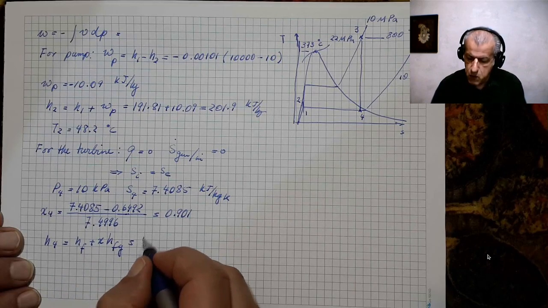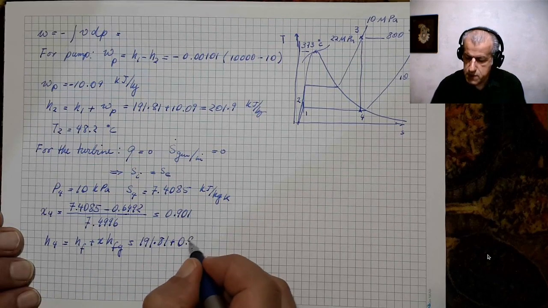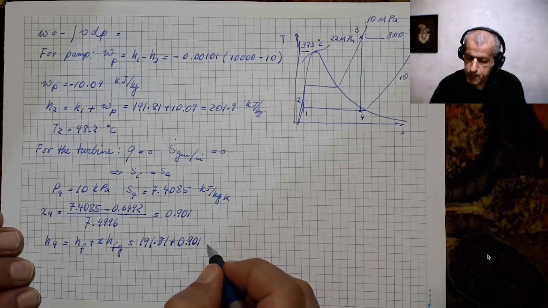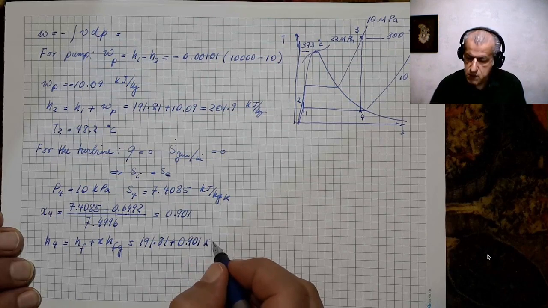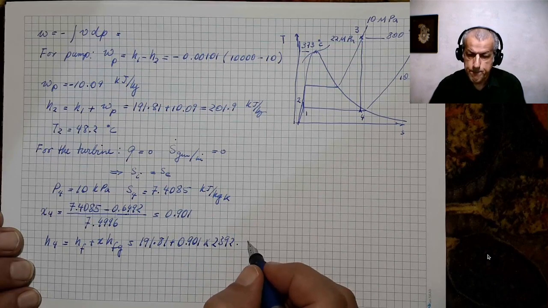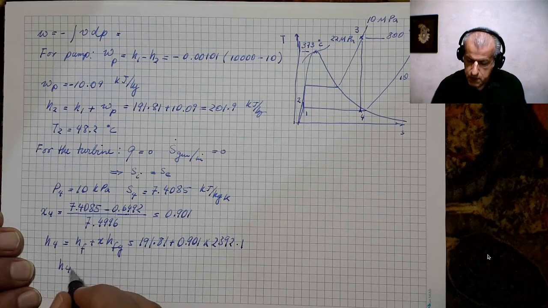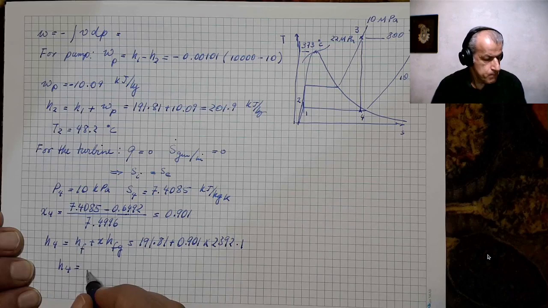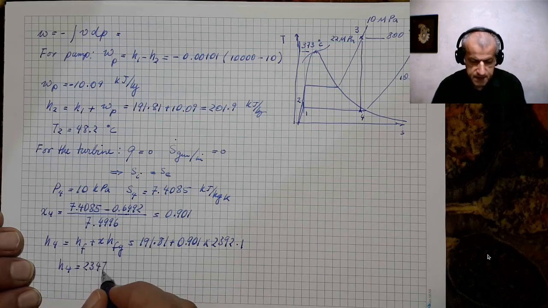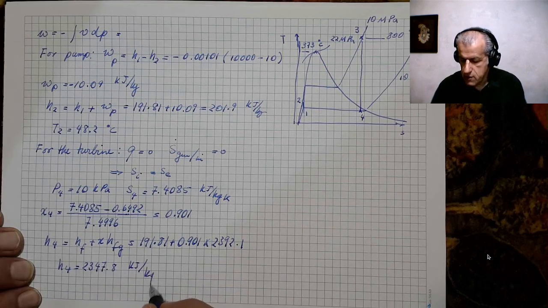HF is 191.81 plus 0.901 times HFG, which is 2392.1, and the outcome for H4 is 2347.8 kilojoule per kilogram.